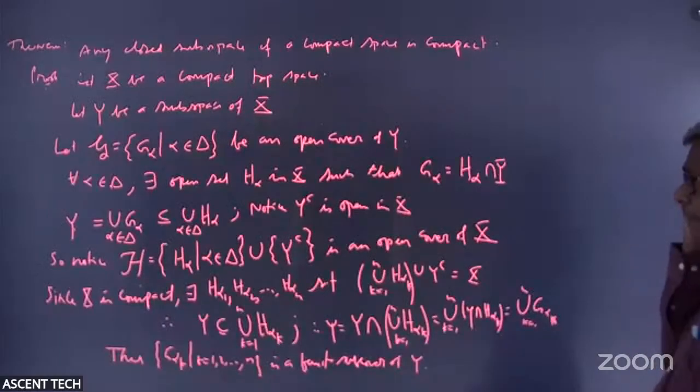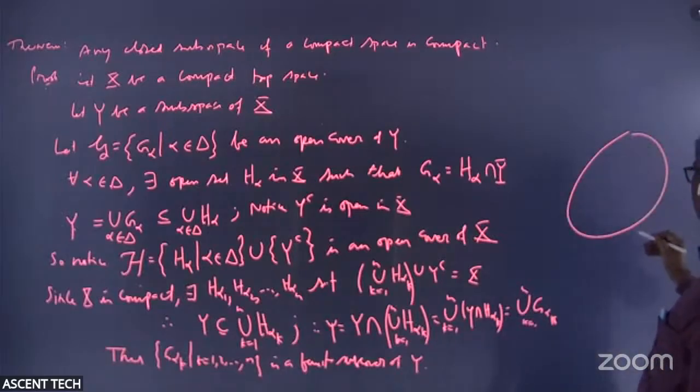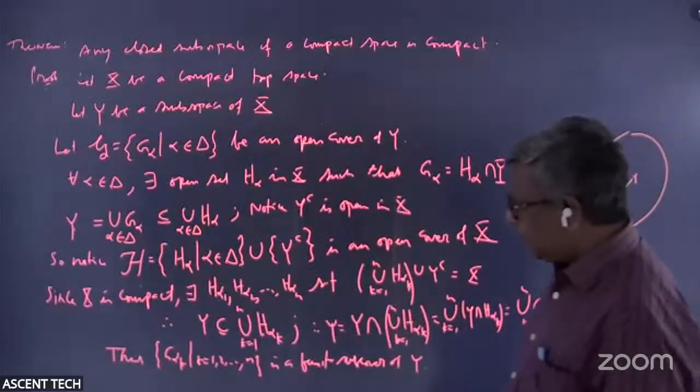I'm just thinking about one of the edge cases: is it possible that only Y complement can be an open cover of X? Basically, there are no such alphas needed. It cannot be, right? No, because there is X and this is Y. Y complement will skip the Y completely.